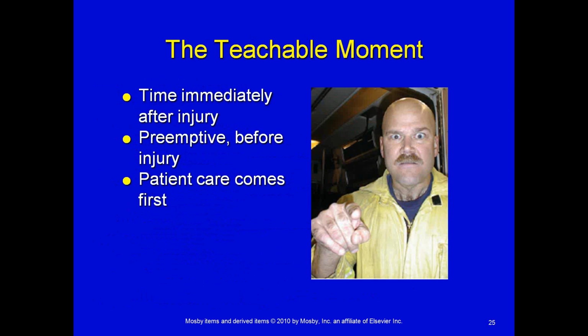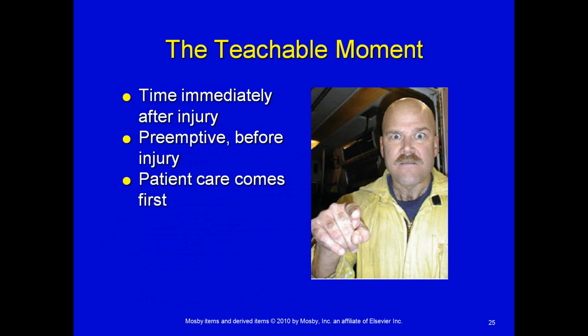And the other thing is that teachable moments work best if they're preemptive, before the injury occurs. Again, educating people on the proper use of seatbelts, slowing down, not drinking and driving, that's an important teachable moment rather than actually immediately after the event.